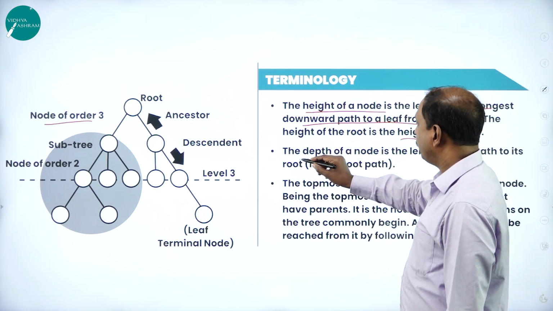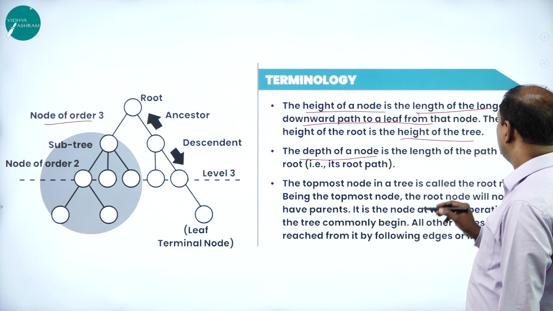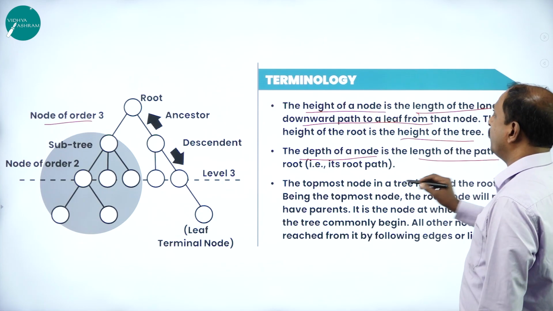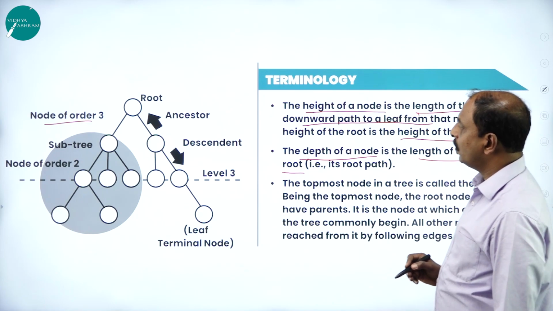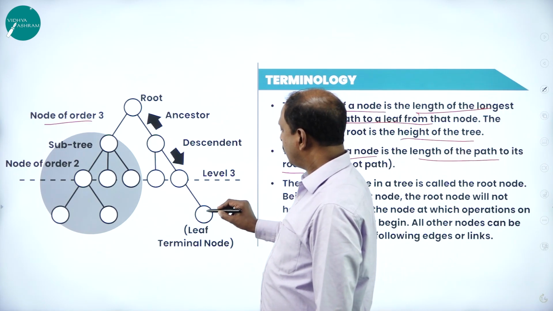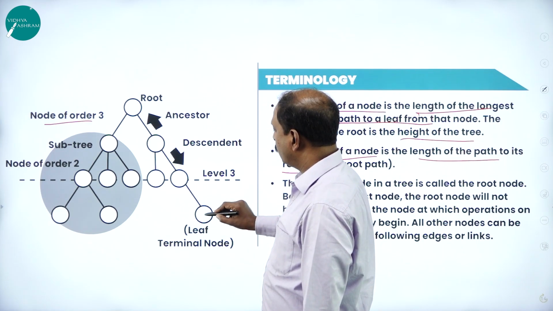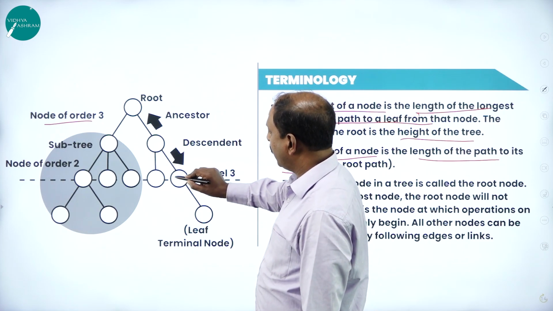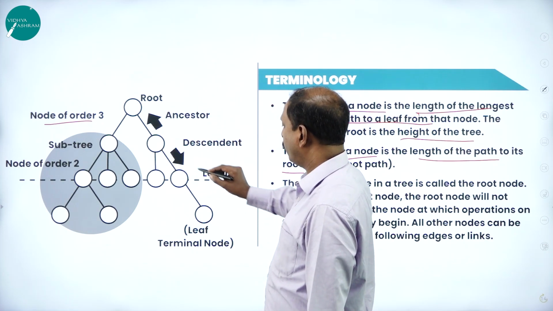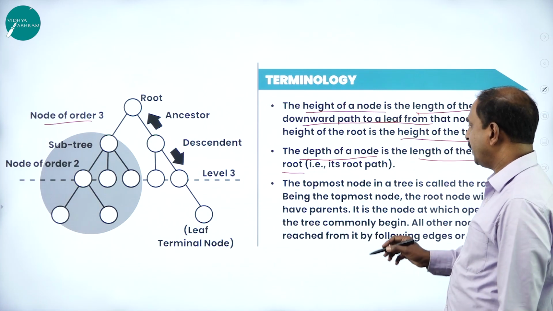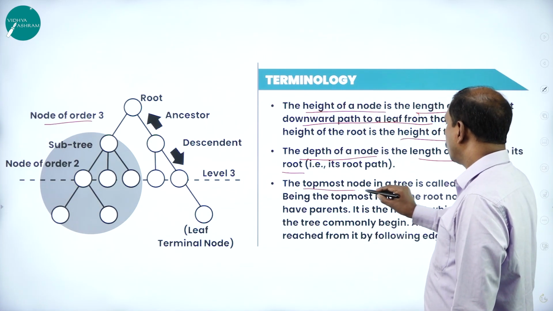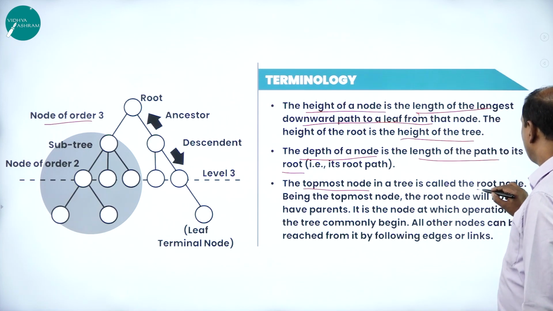Next is the depth. The depth of a node is the length of the path to its root. For this node the root is this, and for this node the root is this. That is the depth of a node. Next, the topmost node in a tree is called the root node.